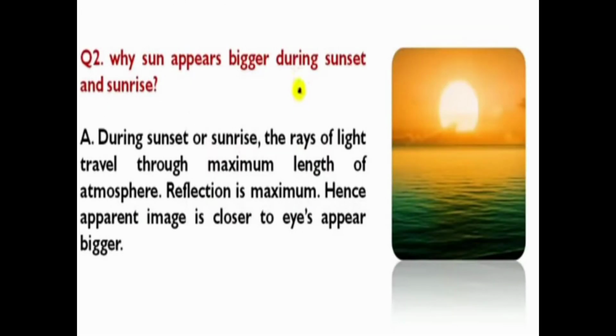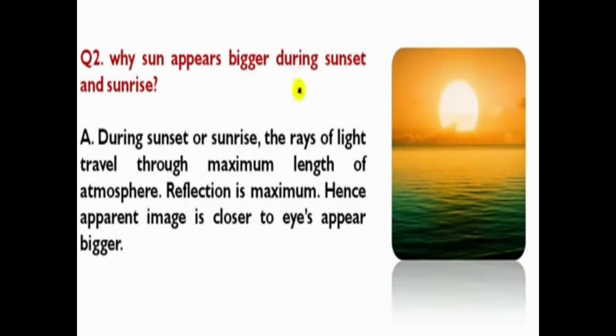Now, why does the sun appear bigger during sunset and sunrise? So what happens in this? During sunset or sunrise, the rays of light travel through the maximum length of atmosphere. We can say wavelength also.